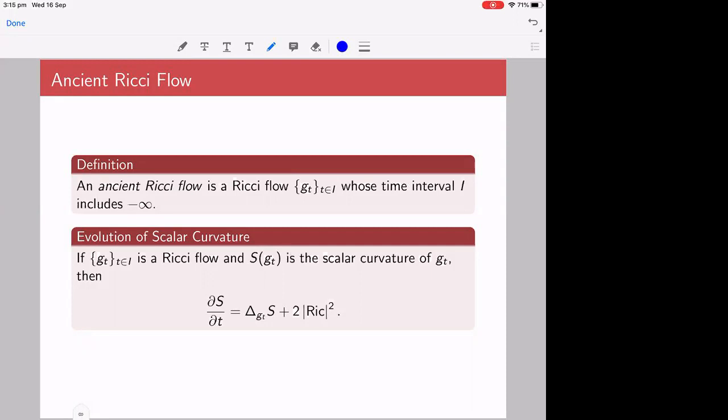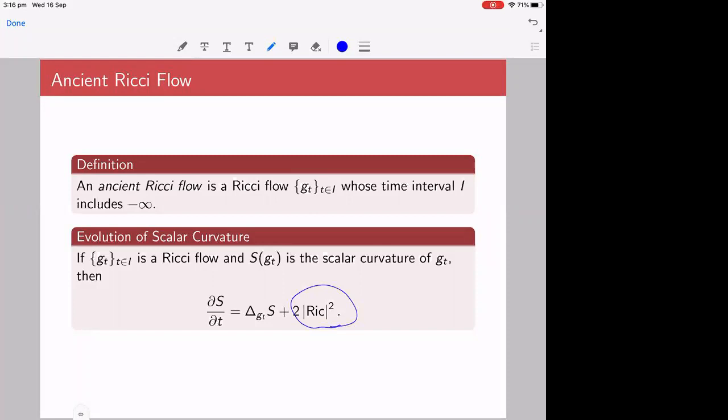A computation that can be done and is done in various books is that if you've got a Ricci flow, the scalar curvature of your Riemannian metrics, which is just the trace of the Ricci curvature and is therefore a scalar function, has a time derivative equal to the Laplacian of this scalar curvature, the Laplacian taken with respect to your metric g(t), plus this term here, 2 times the norm of the Ricci curvature squared.